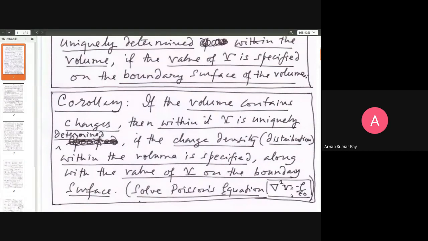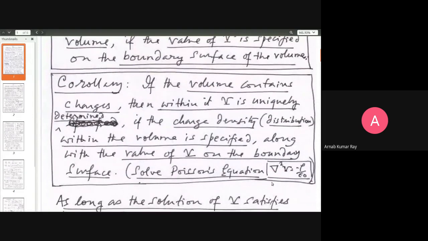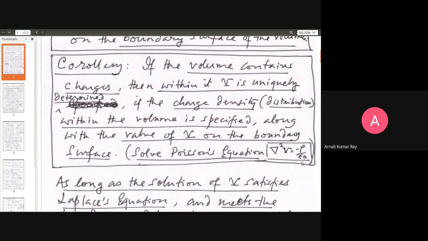Again, it's not a very difficult thing to do. All you have to do is start by saying that let us say we can get two separate solutions, V1 and V2, for the same set of boundary conditions and the same charge density. Then you will have del 2 V1 is equal to minus rho by epsilon naught and del 2 V2 is equal to minus rho by epsilon naught.